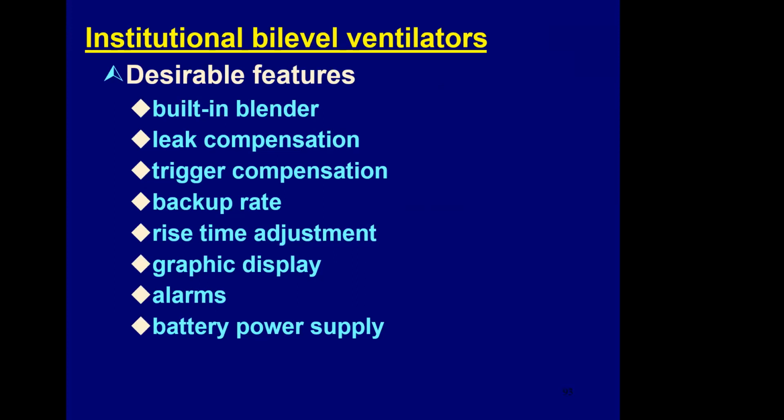What we want in these, the desirable features: we do want a blender, leak compensation, trigger compensation, a backup rate. We need a rise time adjustment, a graphic display, alarms, and a battery power supply. These are desirable. They aren't necessary.